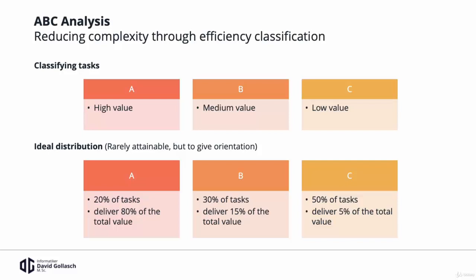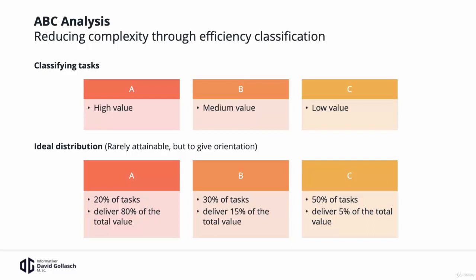So the classification means ABC, that those A classified tasks have a high value, B classified tasks have a medium value, and C classified tasks have a low value. Basically, you have to identify the A and the C classes, because everything else gets into the B class. Everything that's left over here is in the B class.